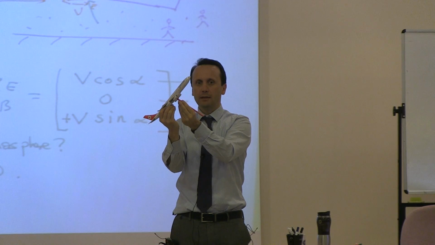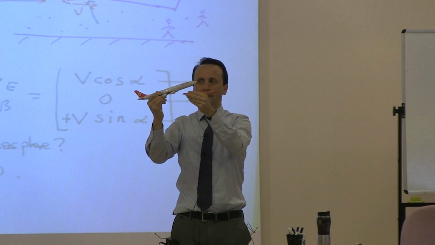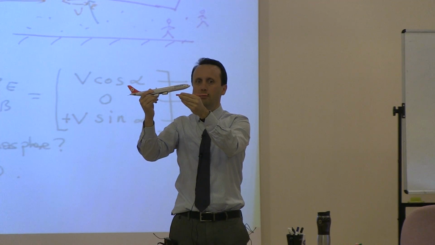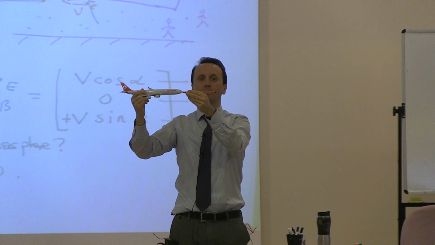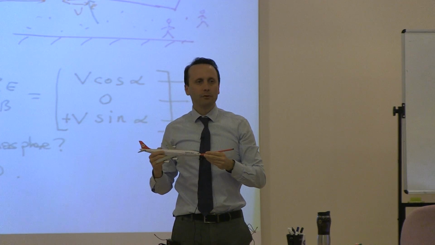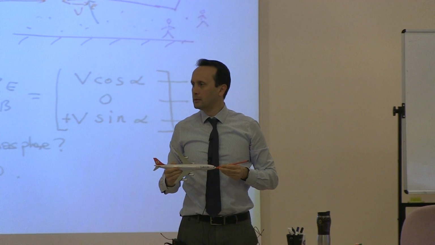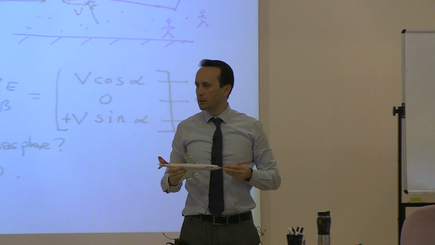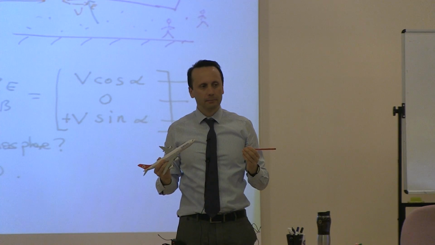Reduce the alpha. Is there a w? Yes. Now it's 0. Is there a w? No. So that's my point. If there is a w, there is an alpha. If the airplane has a w component, there must be an alpha.